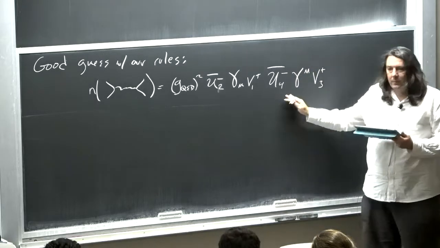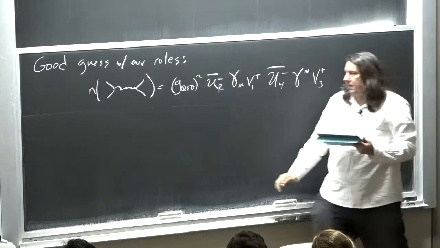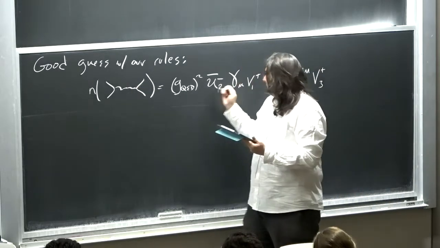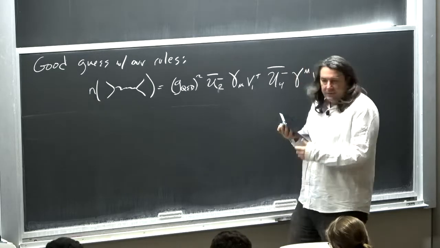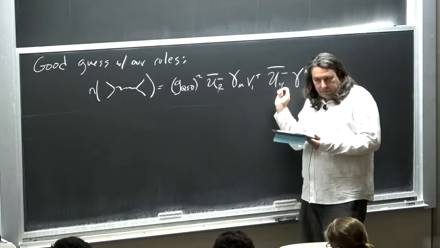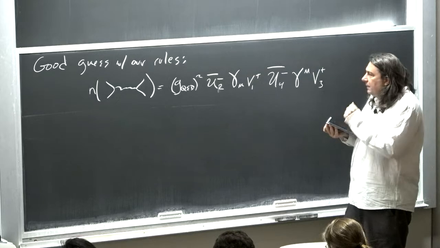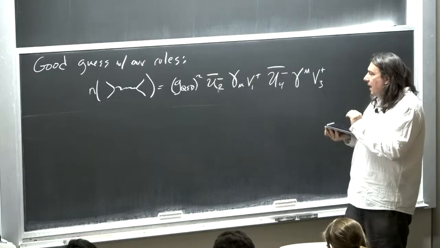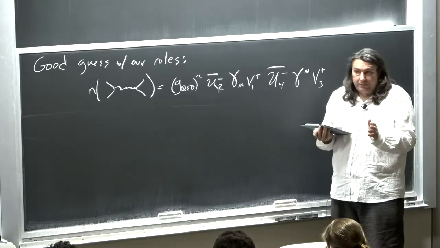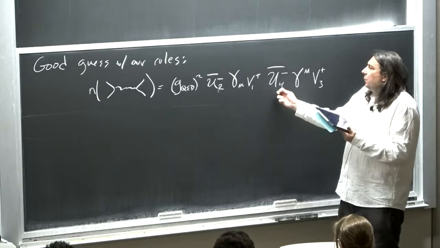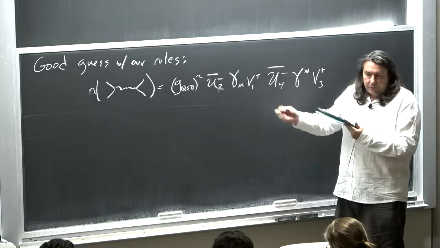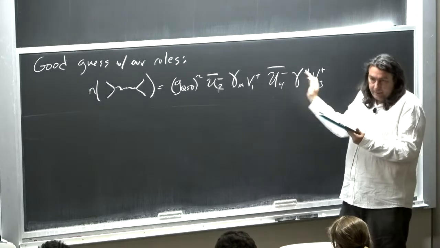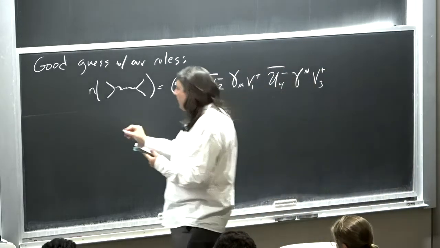We've got our closed fermion lines with our fermion bilinears, and they need to speak to each other. This is a fairly good guess with our rules, and in fact this is what you'd get if you wrote something down with Feynman rules, for the kinematic part. And then the color part.